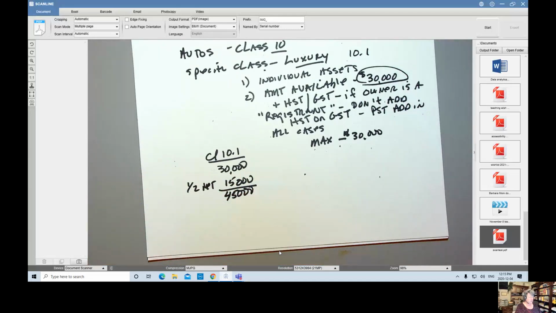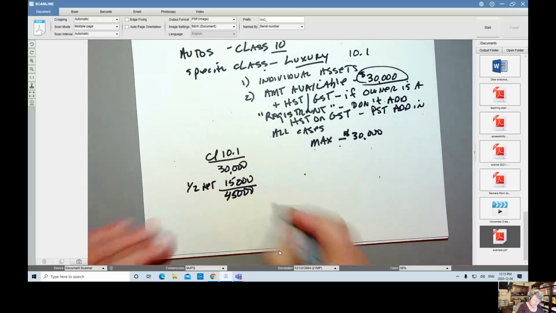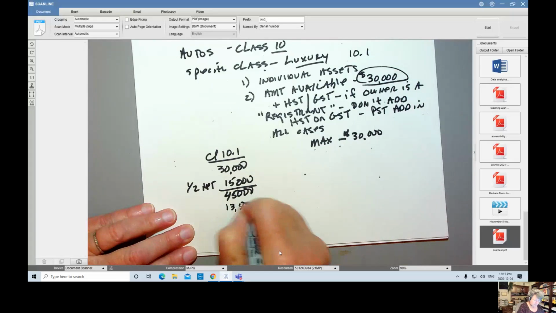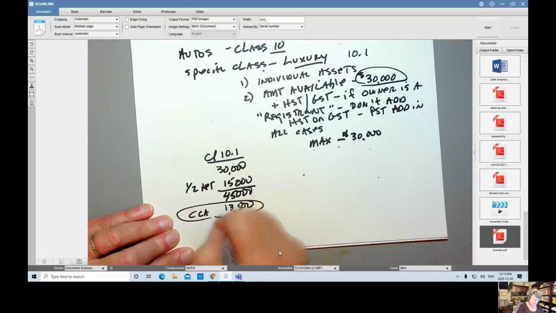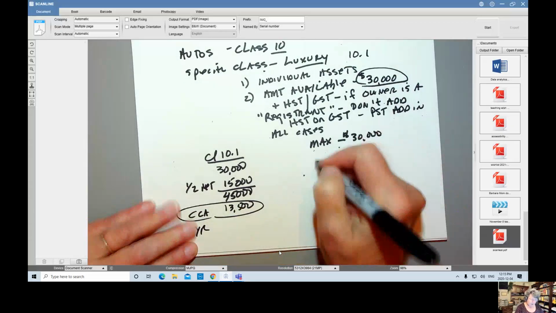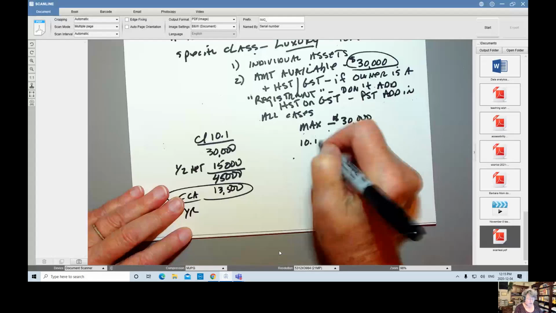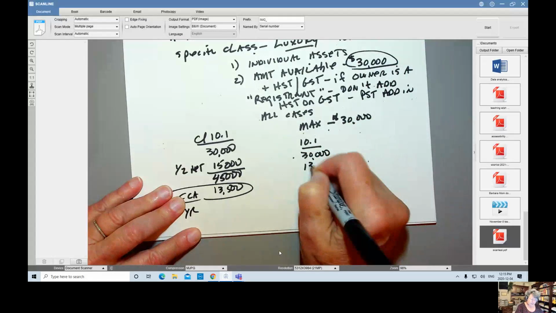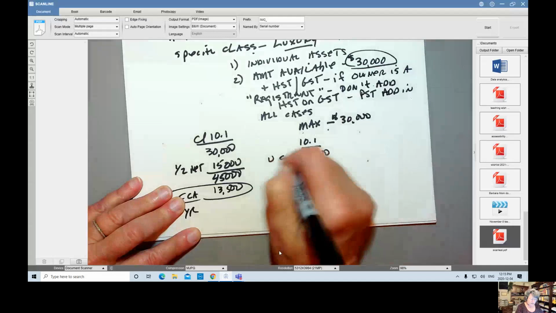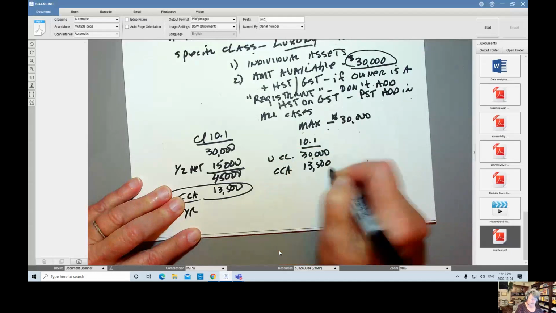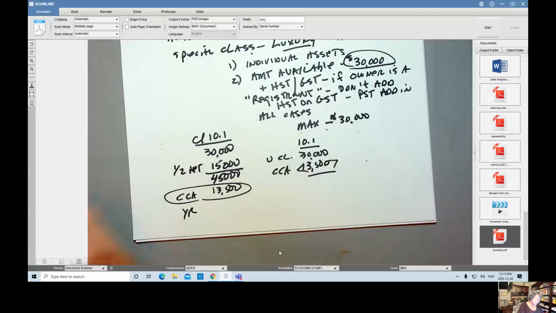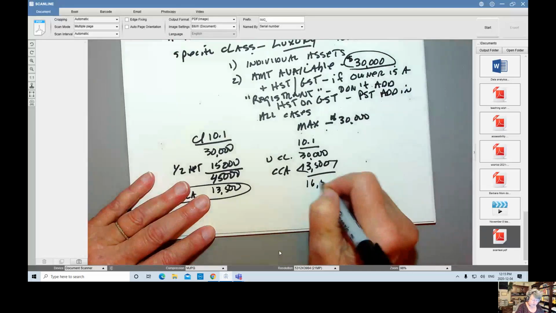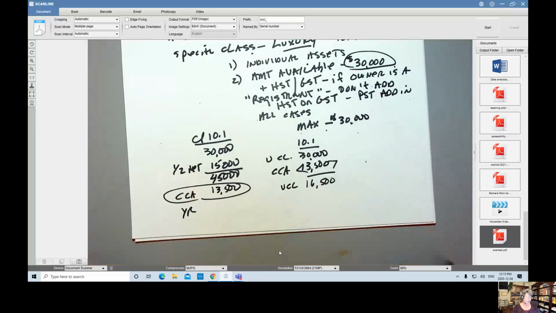It's a 30% class still, so you would take 13.5 as CCA, all right, year one. So we'd have our class 10.1 with 30,000 minus CCA. So we would have a UCC balance of 16.5.